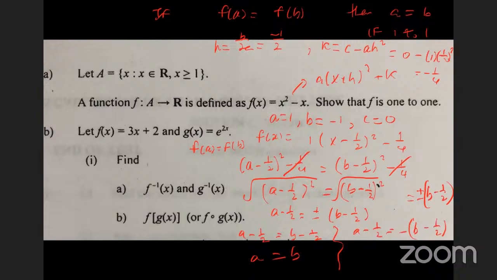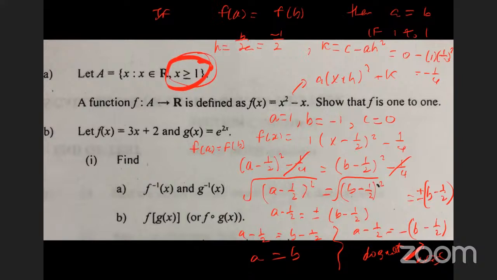But based on the rules here, based on the domain given, can the values be negative? Can the value be negative? So you could say that this here does not exist. Because of the domain, all your values are more than one.